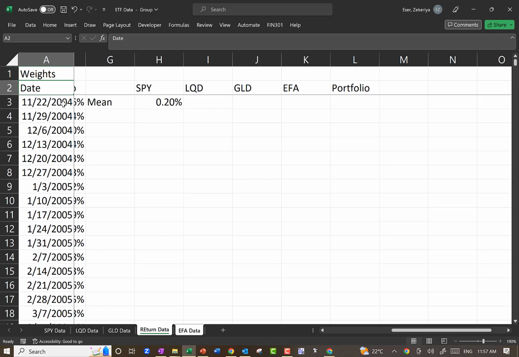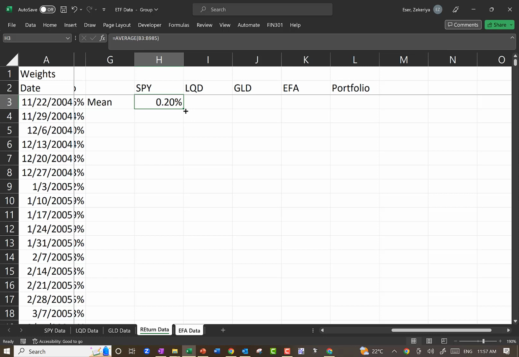So during the period from 22nd of November in 2004 until last Friday, I think 18th was Friday? No, Monday, I'm sorry. It gives the date for the beginning of the week, but that also includes everything up to Friday. The S&P 500 made 20 basis points per week.